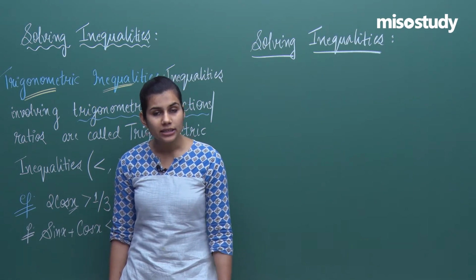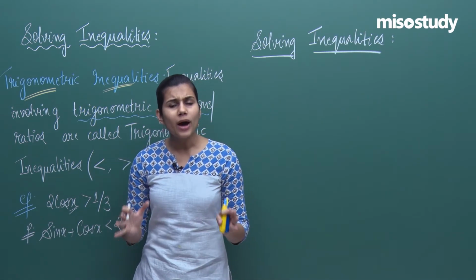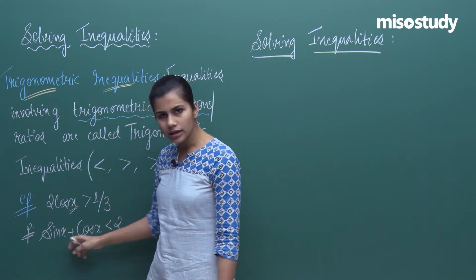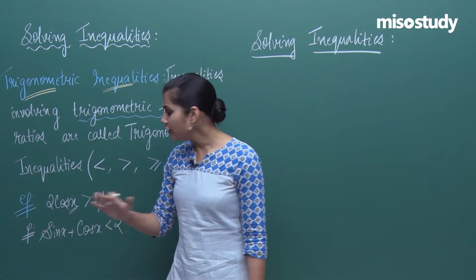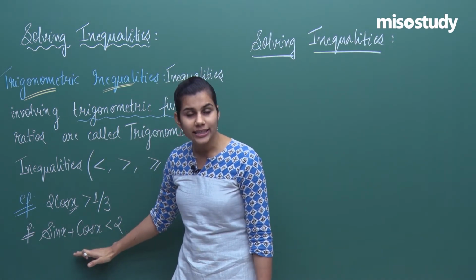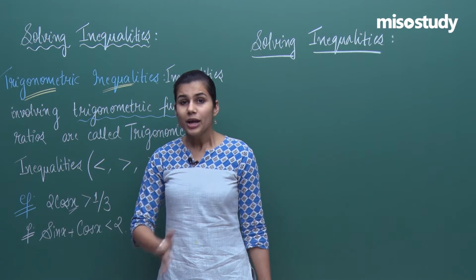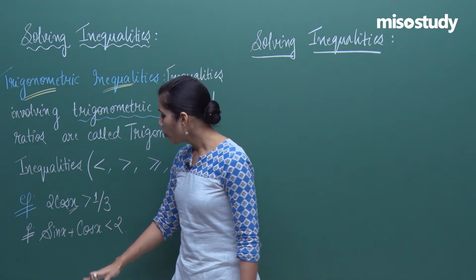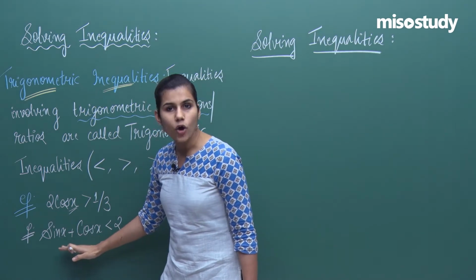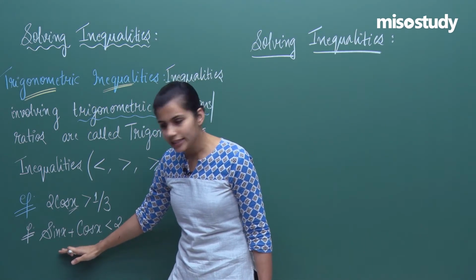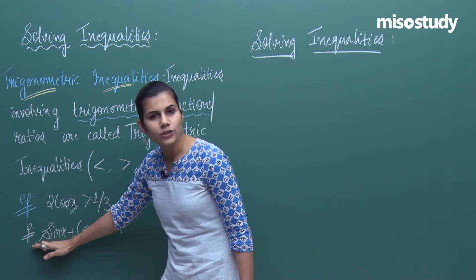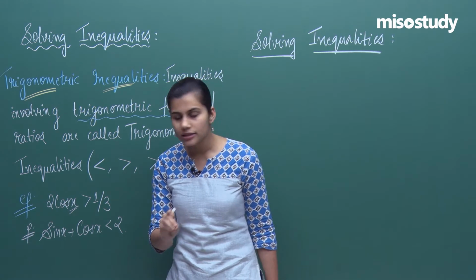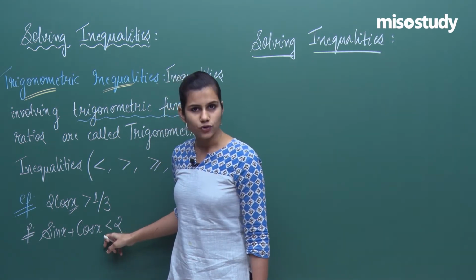Exactly in a similar manner, if I say, give me the values of all such unknown angles x over here, such that when I plug in those values in the next inequality, it gets satisfied. That means give me the values of all such angles which on being plugged in on the left hand side of this inequality, that is when you plug in that value of x in sin x plus cos x, you get the answer to be strictly less than 2.